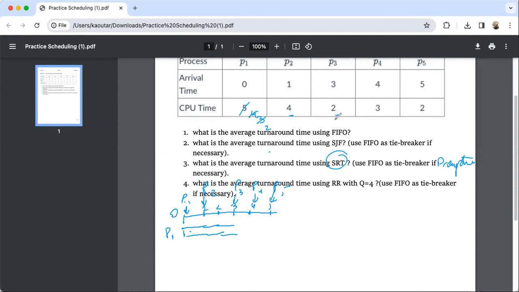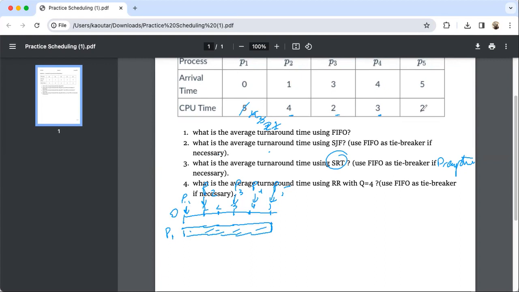So it's the same. We're just going to continue executing P1. And then at time 4, now the remaining time is 1. And P4's remaining time is 3. So the shortest is P1. Okay. And then at time 5, P1 is already done executing. Okay, that's 0. So now I have all of my processes already in the ready queue.